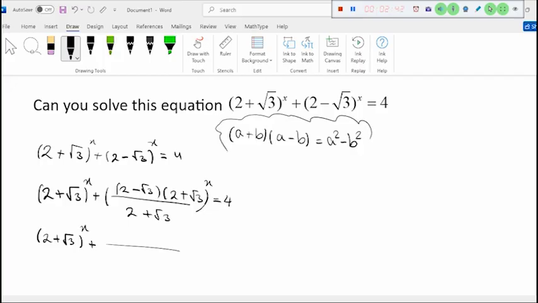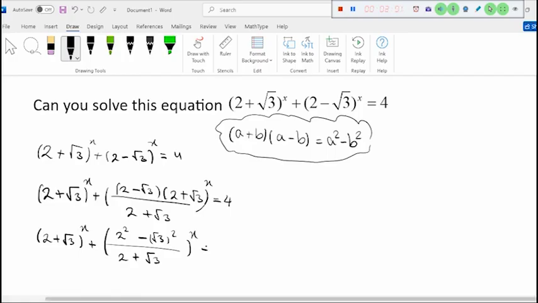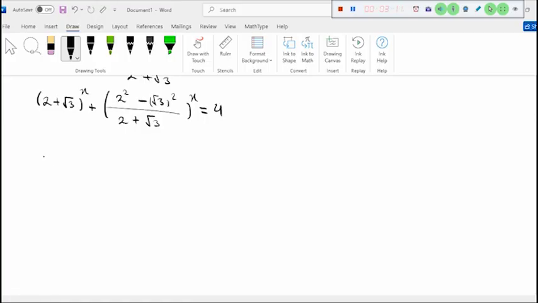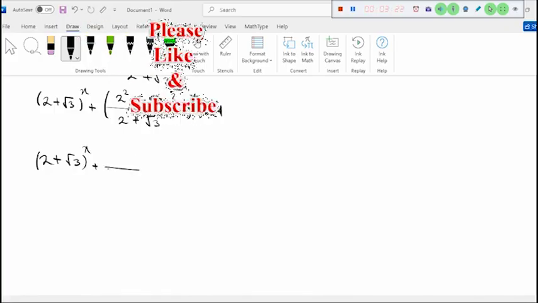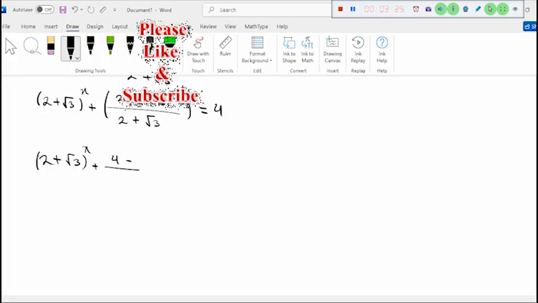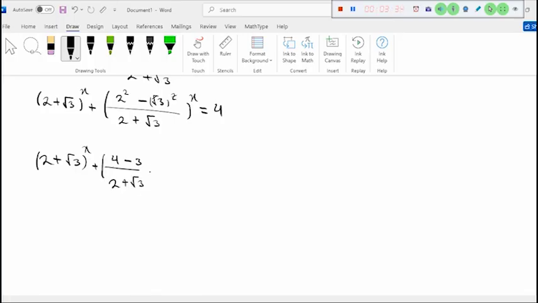According to these properties, we can write 2² − (√3)² over (2 + √3)^x equals 4. So we have (2 + √3)^x plus (4 − 3) over (2 + √3)^x equals 4.